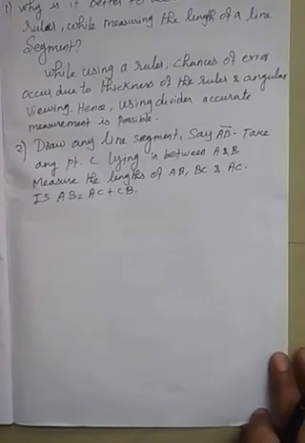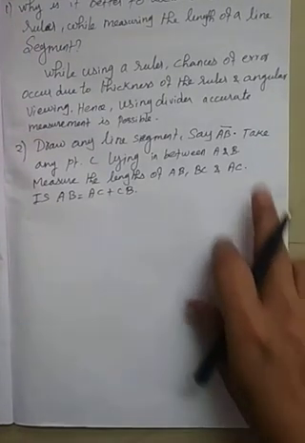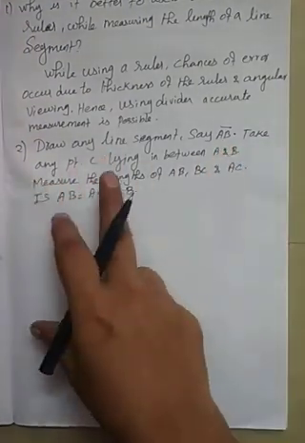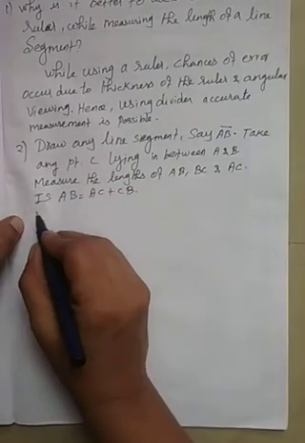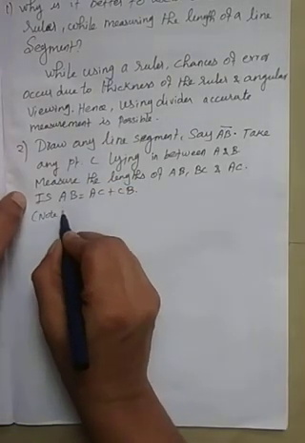What is here? Draw any line segment, say AB. Take any point C lying in between A and B. Measure the length of AB, BC and AC. Is AB equal to AC plus CB? Okay, see, some notes are given.